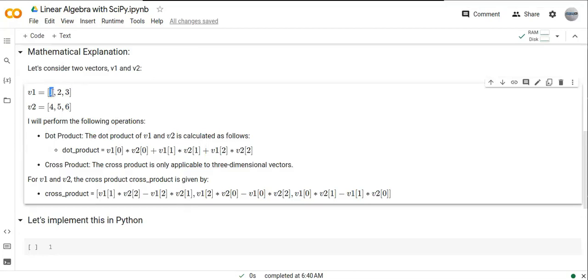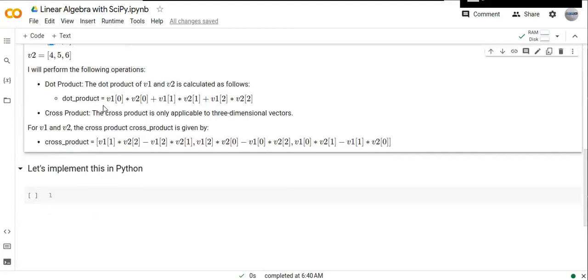So just multiply the elements of each vector, and the result would be the sum of the products of each element in the vectors. So this is the mathematical notation of the dot product in vector operations.